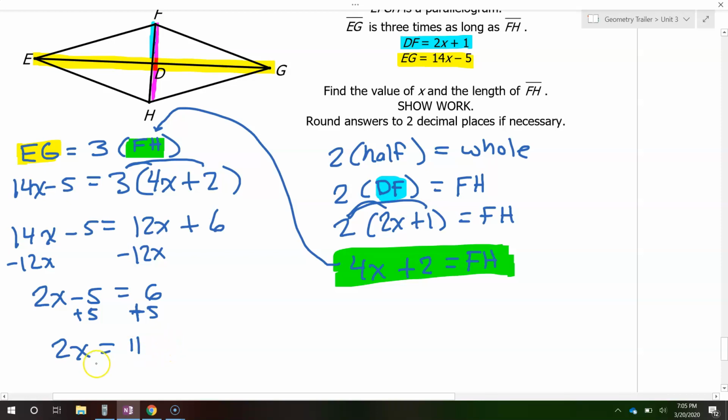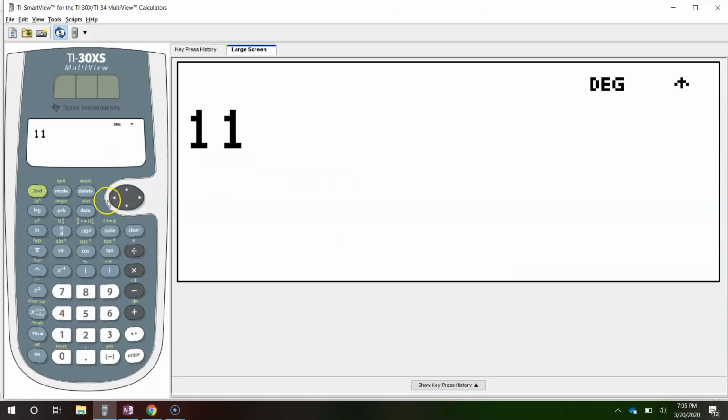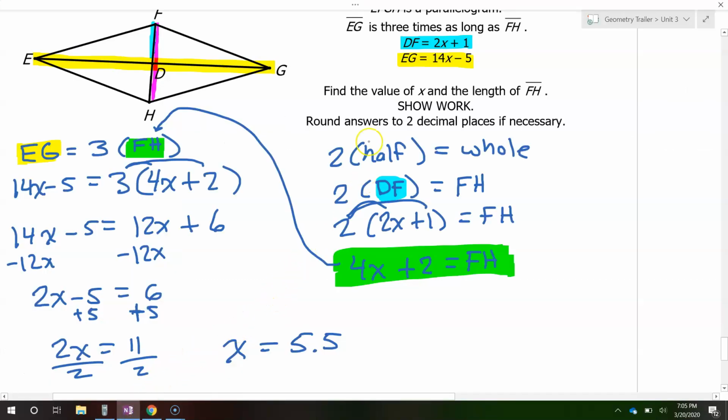And if I divide both sides by 2, I'm going to get x is equal to 5.5. I'm just doing 11 divided by 2.